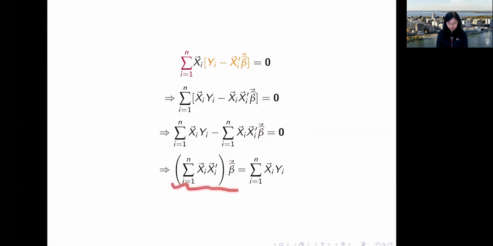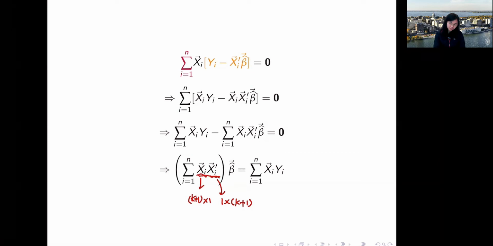So what we got is here. And now we are really close to the solution. Notice that this is a k plus 1 column vector. And the transpose of it is a k plus 1 row vector, or in other words, a 1 by k plus 1 matrix.